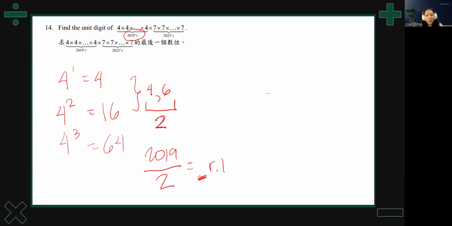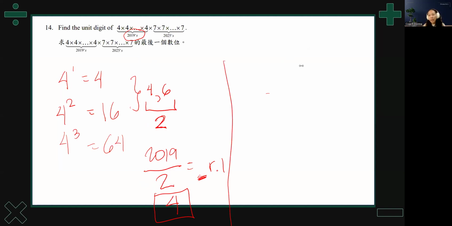The remainder 1 tells us that this should be a 4. So this is a 4 right here, but we're not yet done.